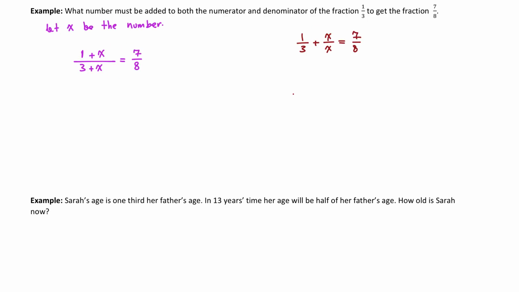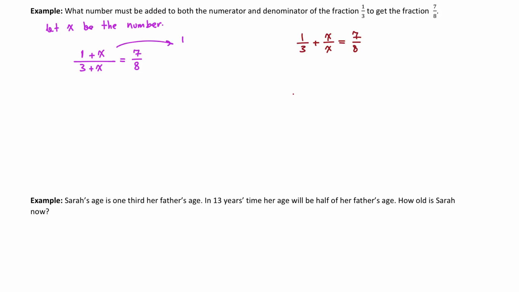In this one I have 1 over 3, plus x over 3 plus x. In this one I have 1 over 3, plus x over x. So if I were to expand this one, I'm just going to write this in another way.